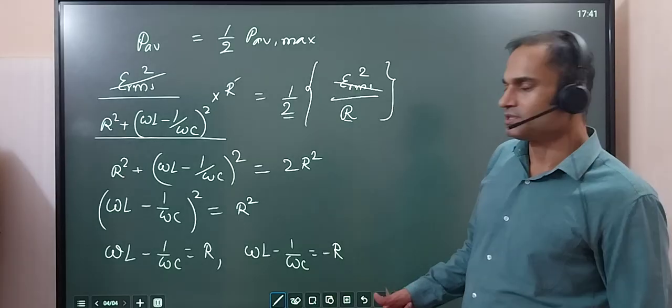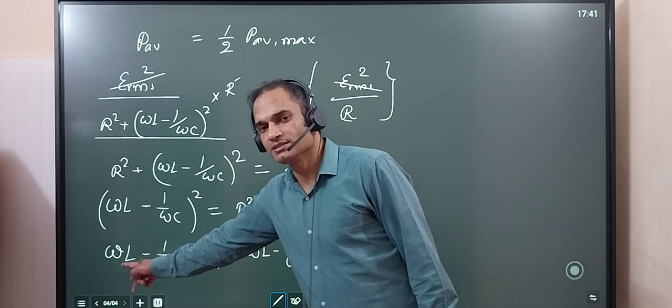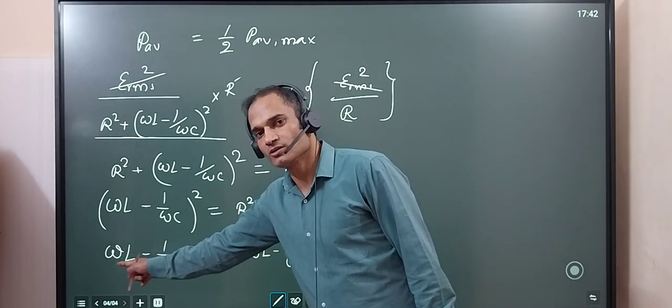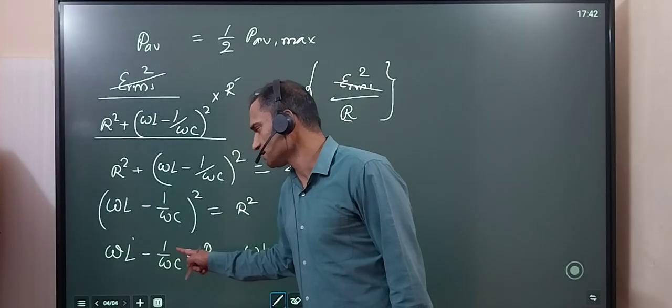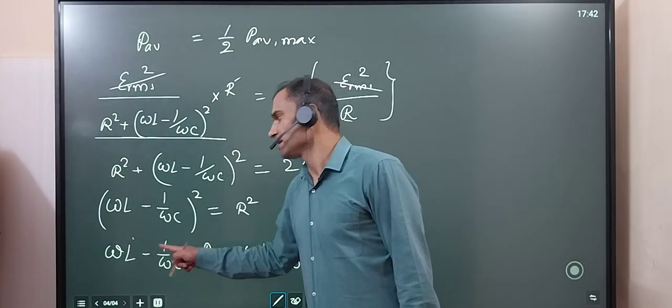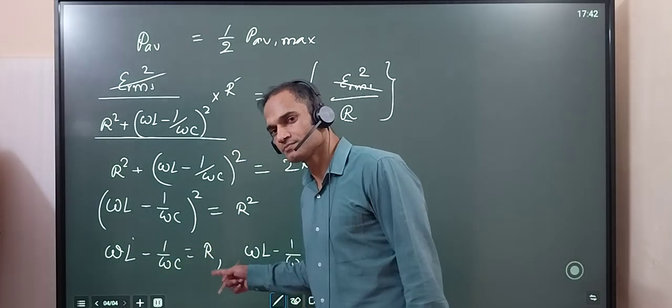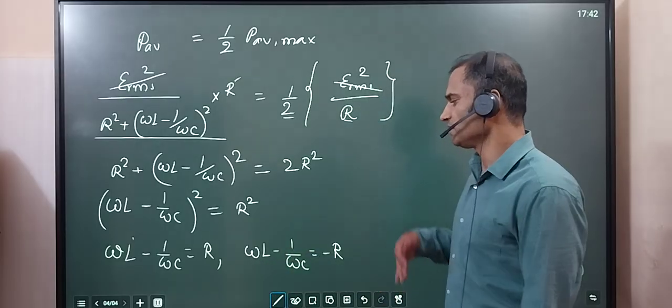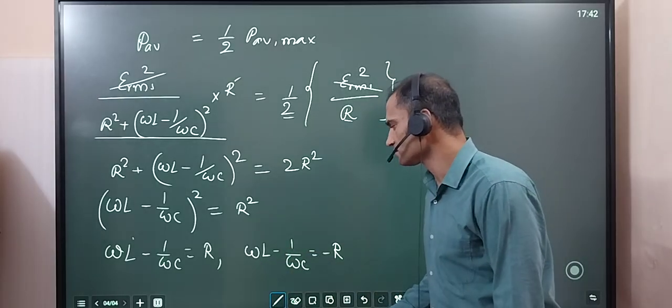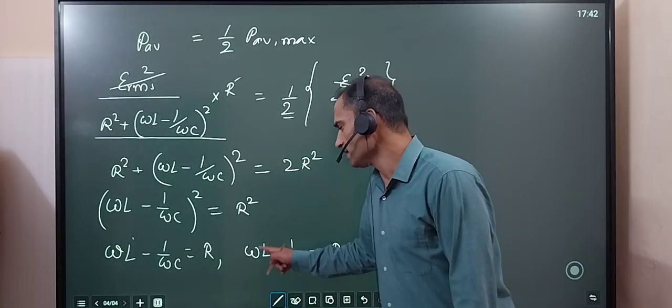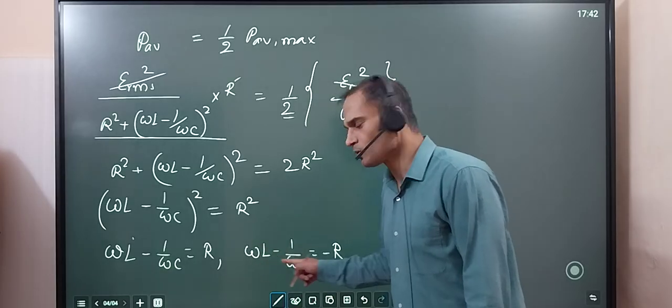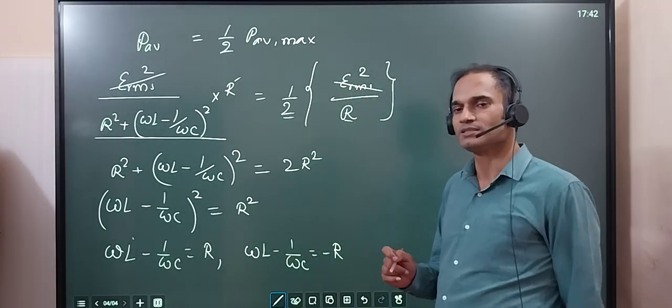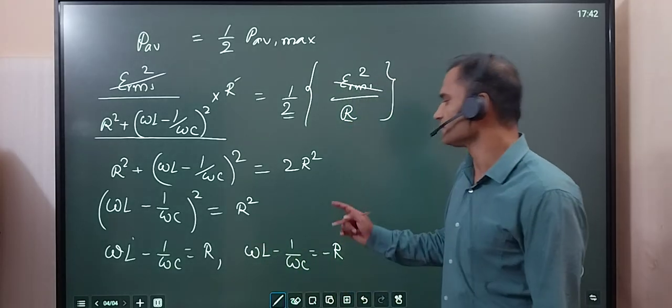What is the meaning of this? This omega is larger than omega naught. So omega L is larger than 1 by omega C, and this value is positive. Now if you decrease the angular frequency, what will happen? Omega L will become smaller than 1 by omega C, and this quantity will become negative.